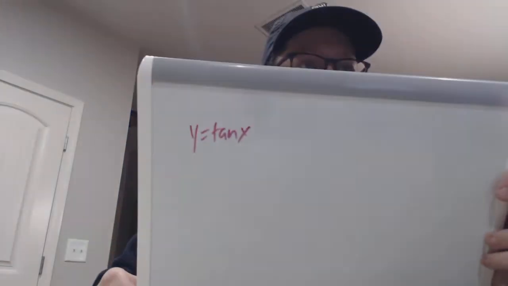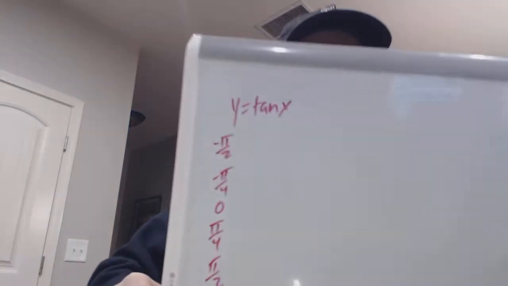Basically, what I want to do is teach you what the parent function for a cotangent looks like, and you can apply all the same transformations that you did to the other ones. As you recall, the tangent graph, if I were to graph y equals tan x, we went from negative pi over 2 to pi over 2 when we did that parent graph.